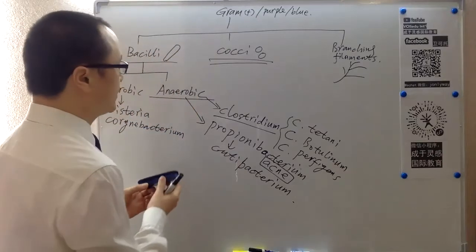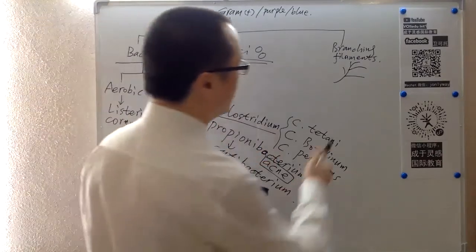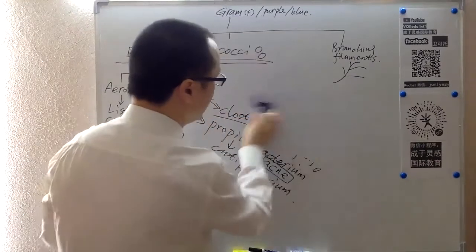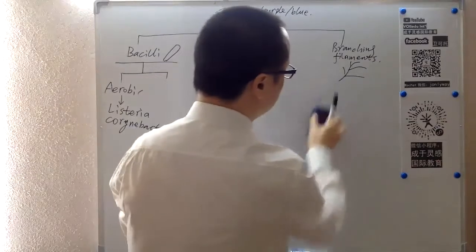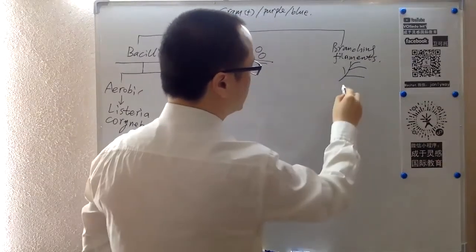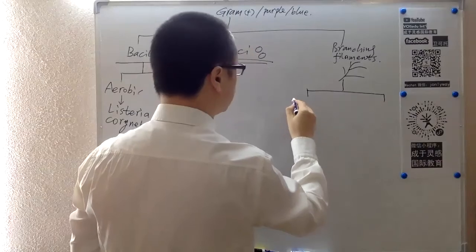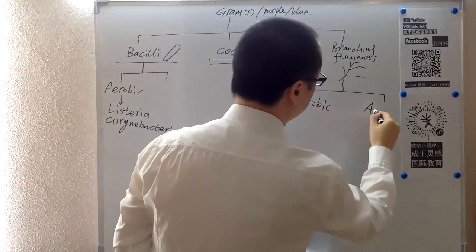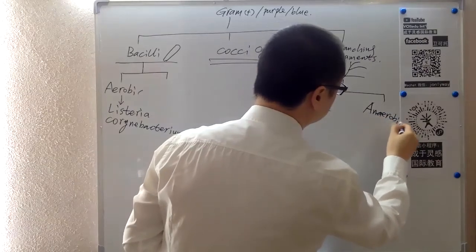Well, with the introduction of the bacilli finished, I would like to talk about the branching filaments. The branching filaments can also be divided into two kinds: one is aerobic, another is anaerobic.